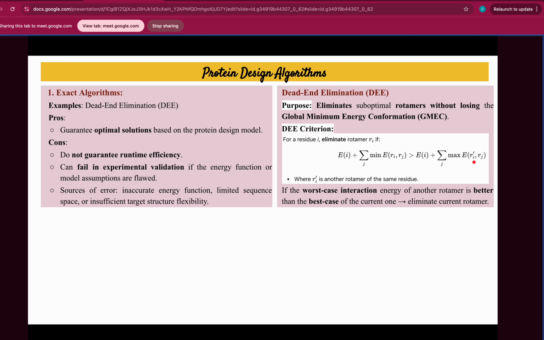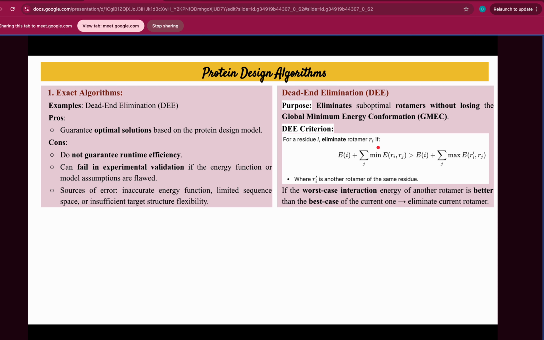Now this residue I, by changing its angle, can exist in different rotameric forms. So if the energy of rotameric form Ri is greater than the energy obtained from R prime I, then in such a case the Ri rotamer form is removed or ignored.